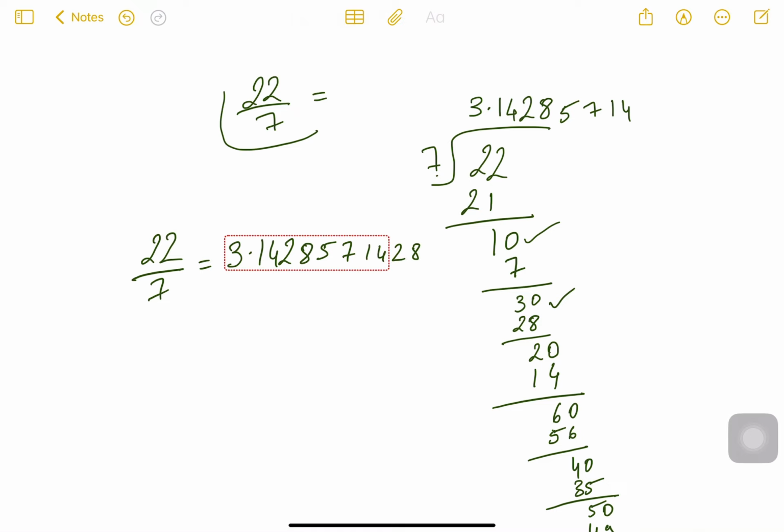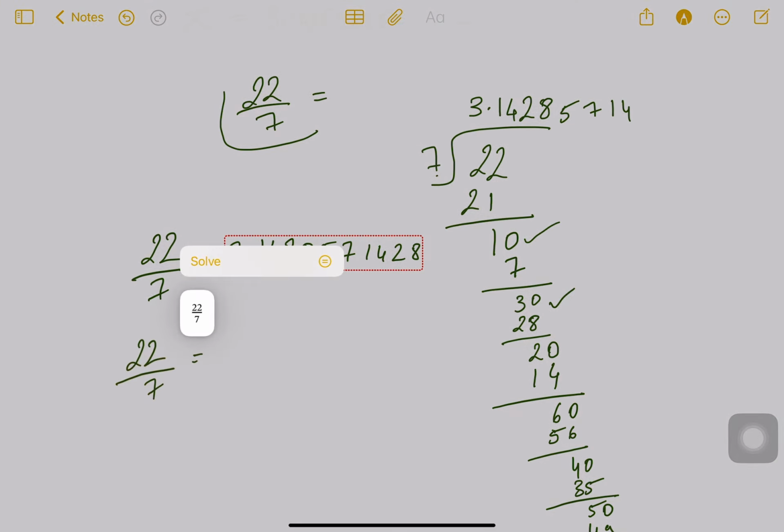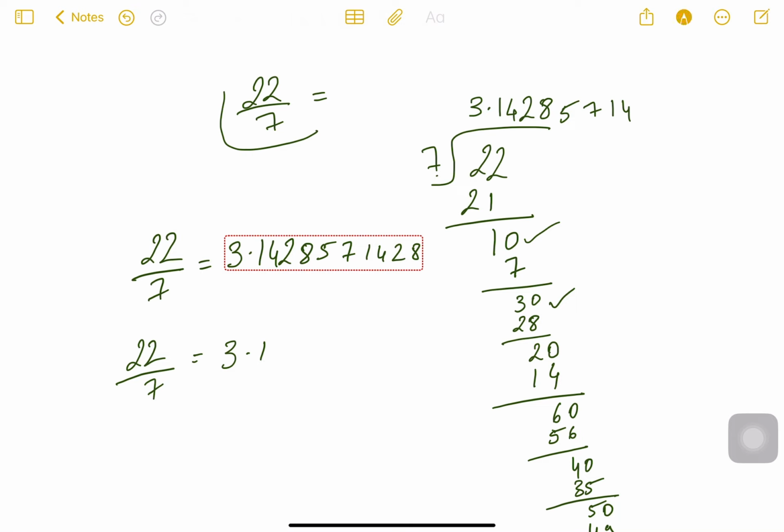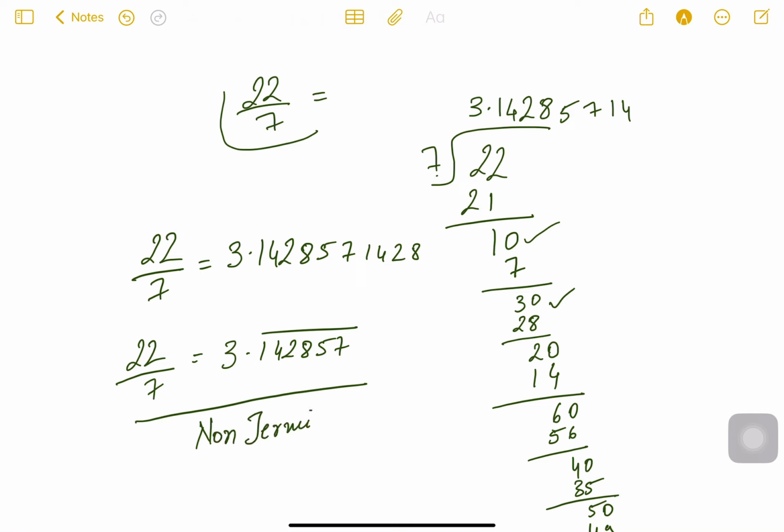So that's why we can say 22 upon 7 is equal to 3.142857 bar, because this is what is repeating, and that's why it is a non-terminating recurring number.